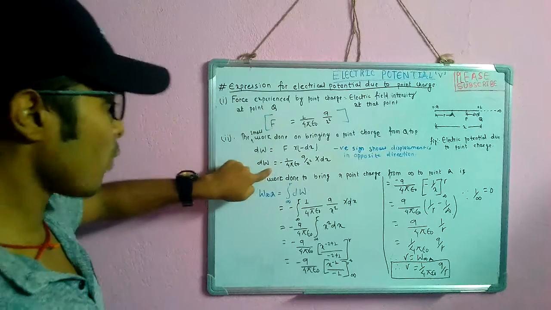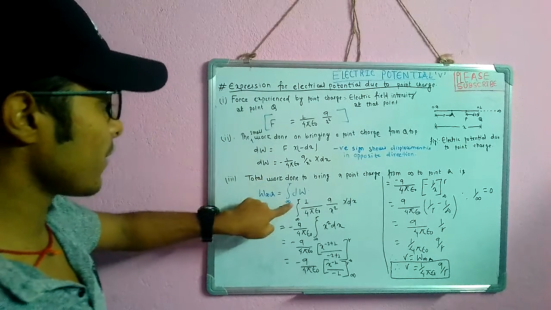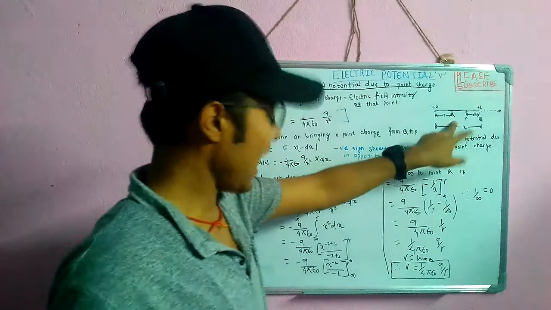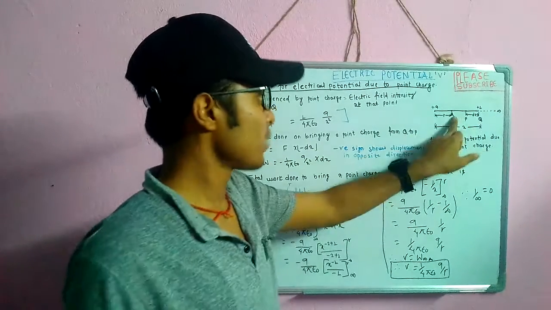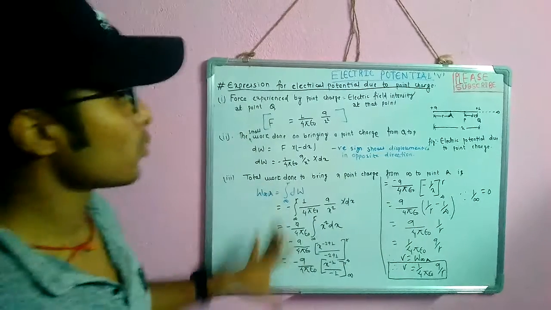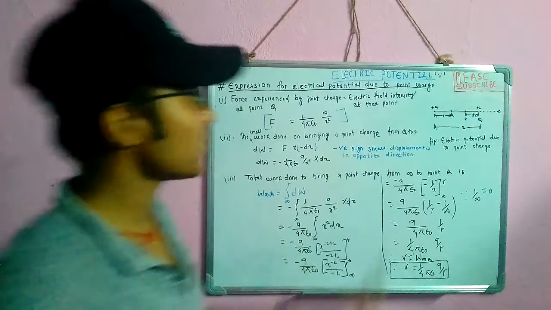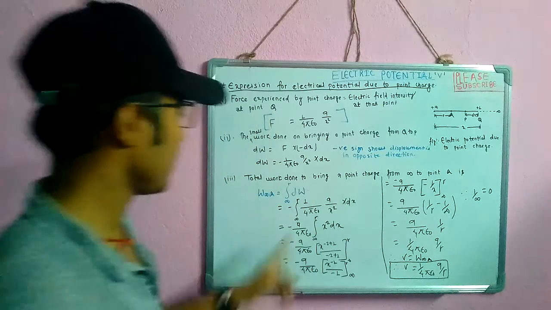This is the small work done, and if we integrate it from infinity to distance R, then we can obtain the required work done.